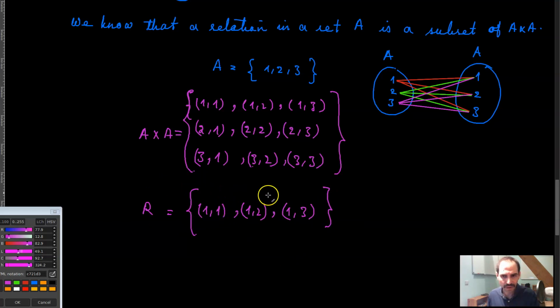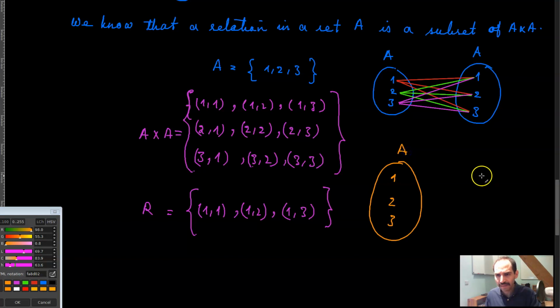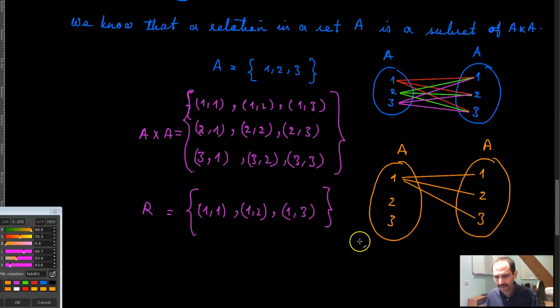Then that would be your relation, shown this way: 1, 2 and 3 is set A, and you have the set A over here, and 1 to 1, 1 to 2, and 1 to 3. So this would be the relation on the set A.